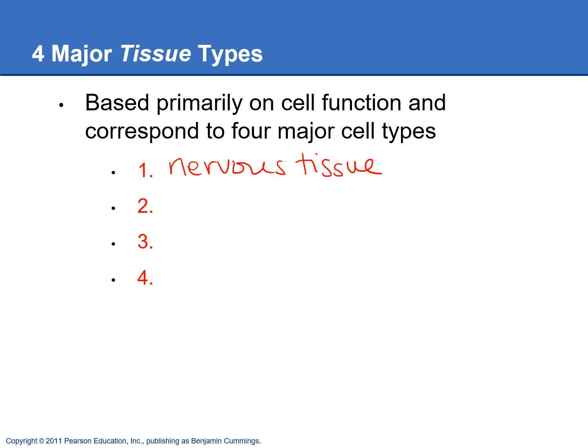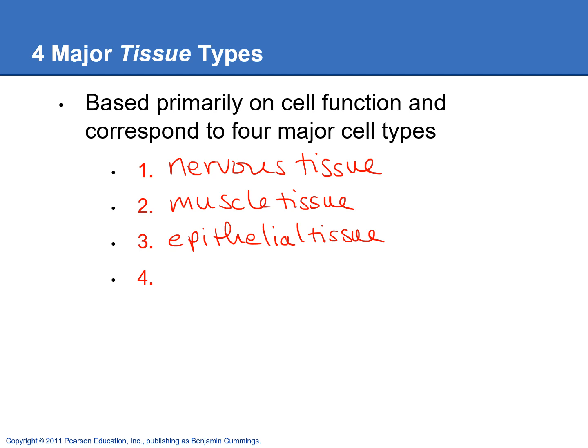And if you put a bunch of muscle cells together, you end up with muscle tissue. And if you put epithelial cells together, you end up with epithelial tissue. And if you put connective tissue cells together, you get connective tissue. So if you know the cell types, you know the tissue types.